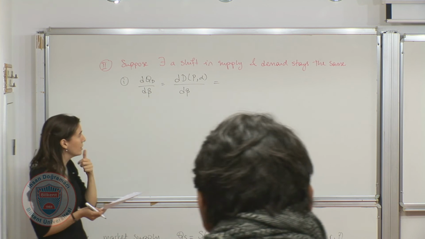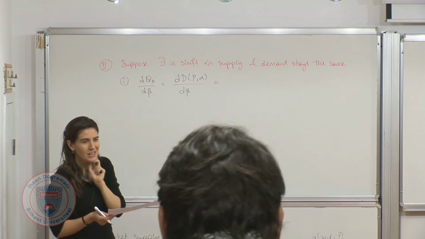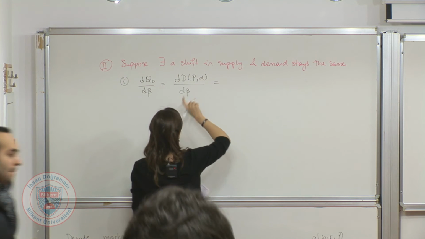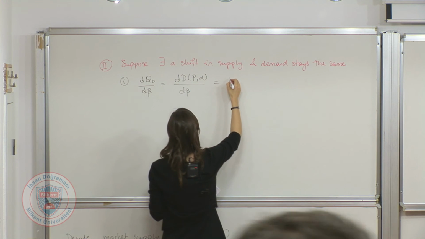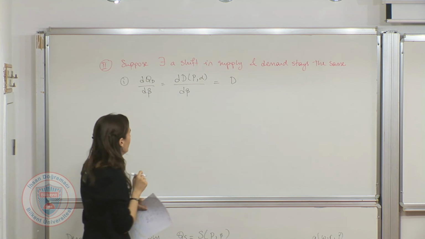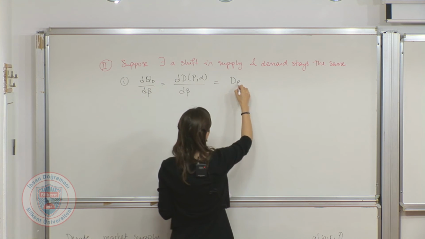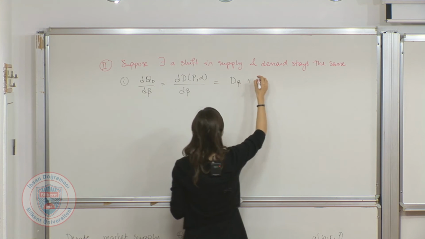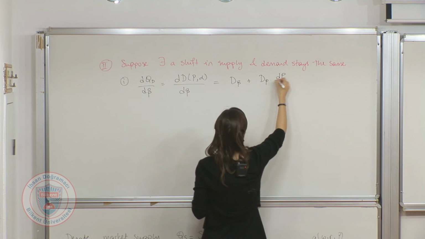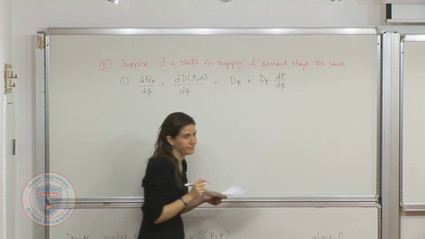So with similar logic, I should write d beta, right? And plus, I should write dQd dP, dP d beta.